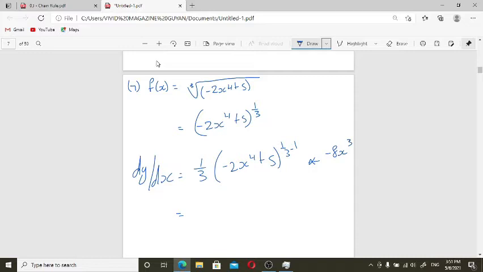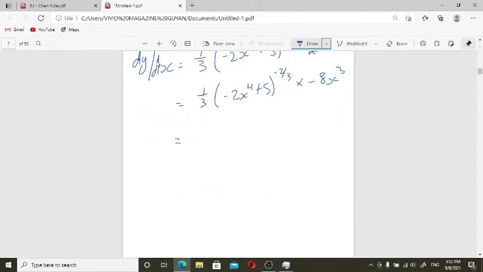Alright, so let me just write this out before I do anything else. A third of minus 2x to the fourth plus 5, a third minus 1 over 1. Anyways, let me just do it. Minus 2 thirds times a minus 8x cubed.